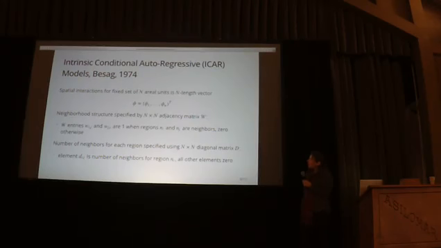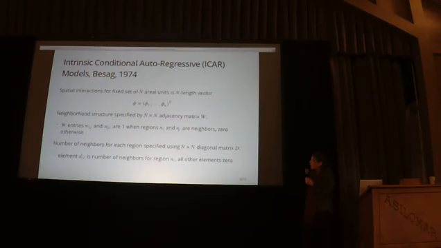So, again, we have this notion of your spatial interactions being a vector of phi, and you're going to have an n by n adjacency matrix for every region, telling you who's the neighbor of that region.